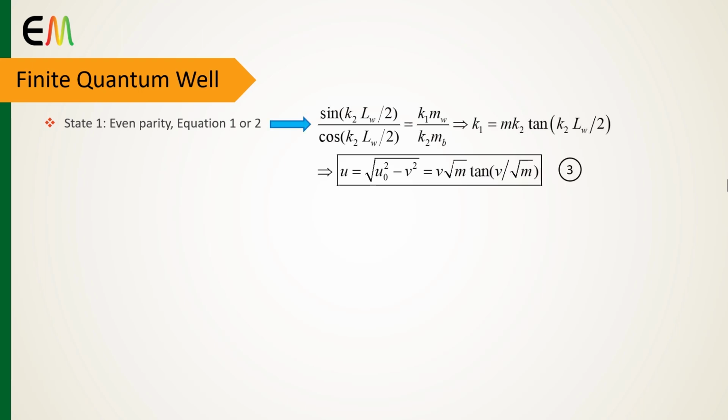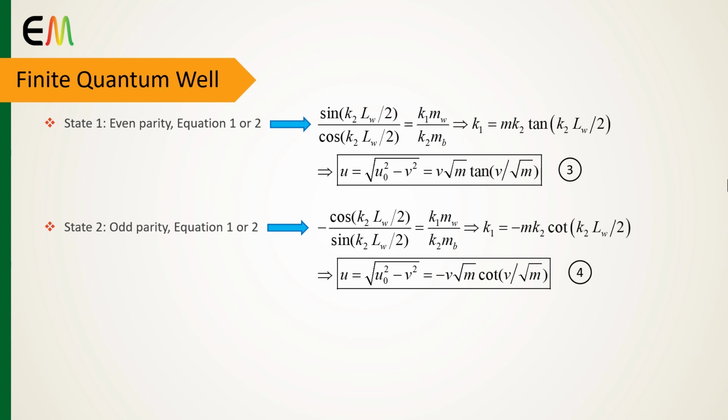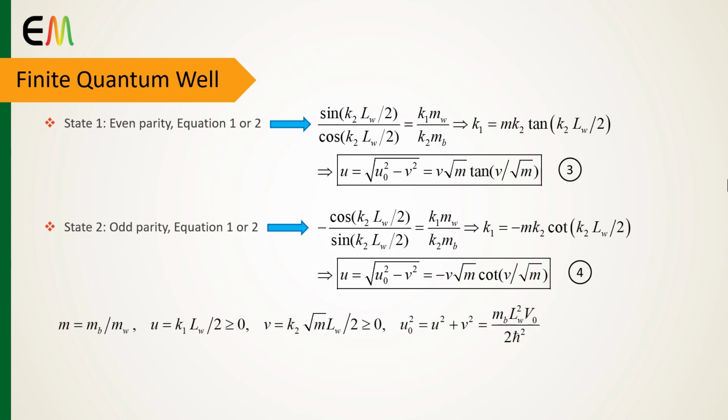In the next step, according to the explanation and equation 1 or 2, for even parity states, we obtain a characteristic equation as equation 3. In the same way, for odd parity, the second characteristic equation is given. In both equations 3 and 4, we define M as the ratio of the effective mass of barrier and well layers.